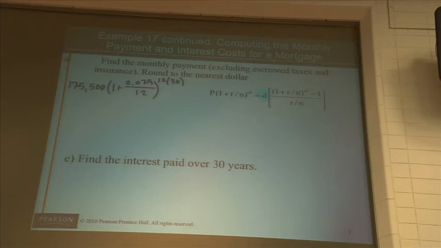This is equal to your deposit D times 1 plus 0.075 over 12, to the 12 times 30, and then you subtract 1, divide everything by that 0.075 over 12.